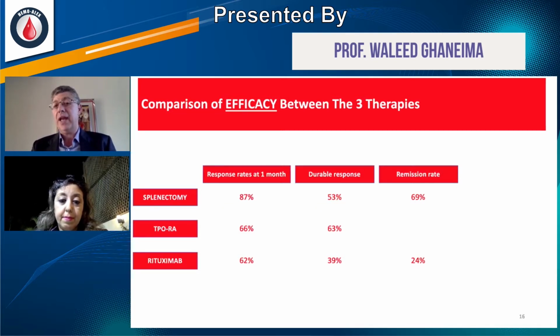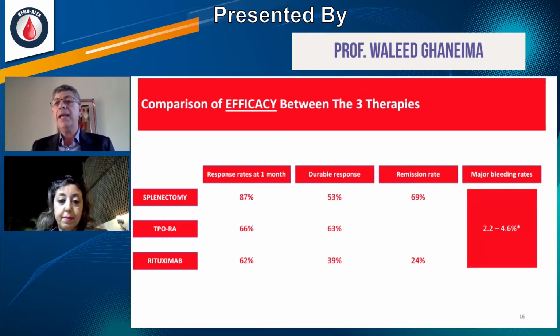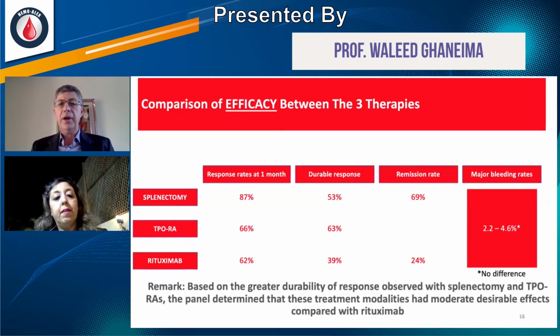So these are correct. And we know that the TPO mimetics have a remission rate of around 15 to 20% also. Major bleeding is 2 to 4%, no difference between these treatments or therapies.